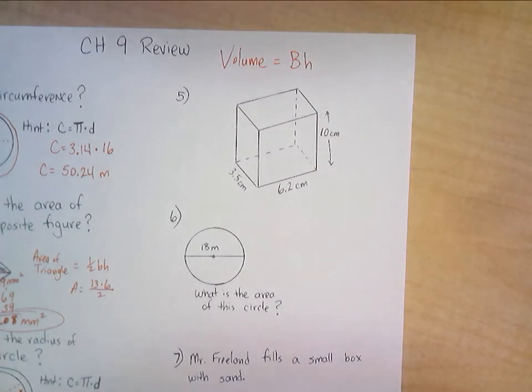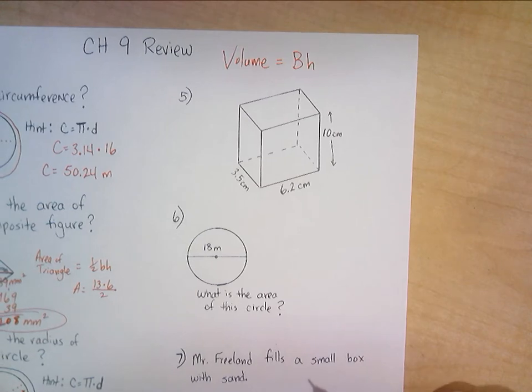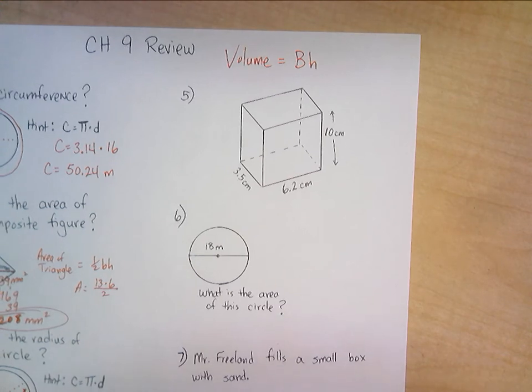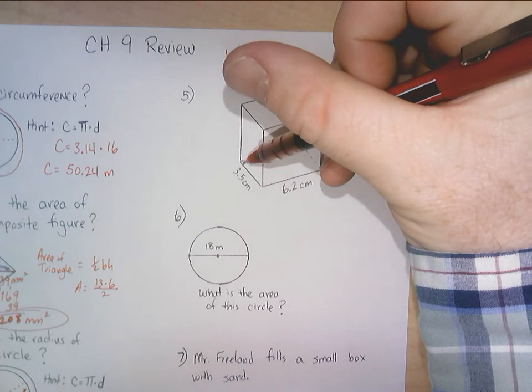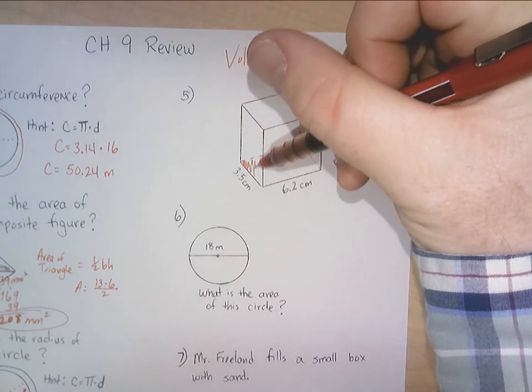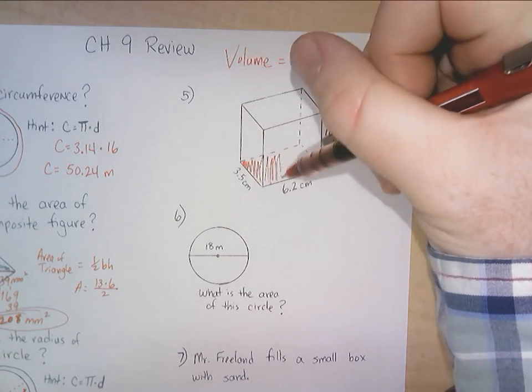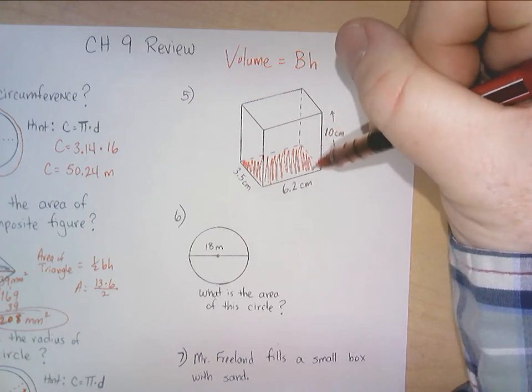So the area of the base, now in this case, because it's a rectangular solid or rectangular prism, it really doesn't matter which one the base is, because you have two bases depending on how it lands. Okay? So we could say that this is the base. So this is the area of the base right here.